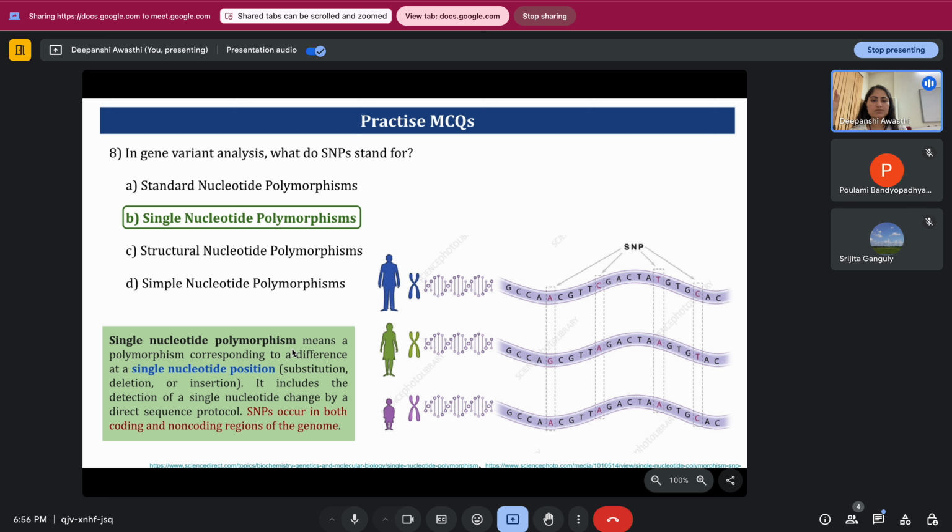And polymorphism means that when we compare multiple people, in different individuals' genomes there is a change in the sequence. So, a change in kind of morphology, you can say, not exactly morphology, but a change in the sequence. That's why it's referred to as poly, meaning multiple, and morphism meaning change.